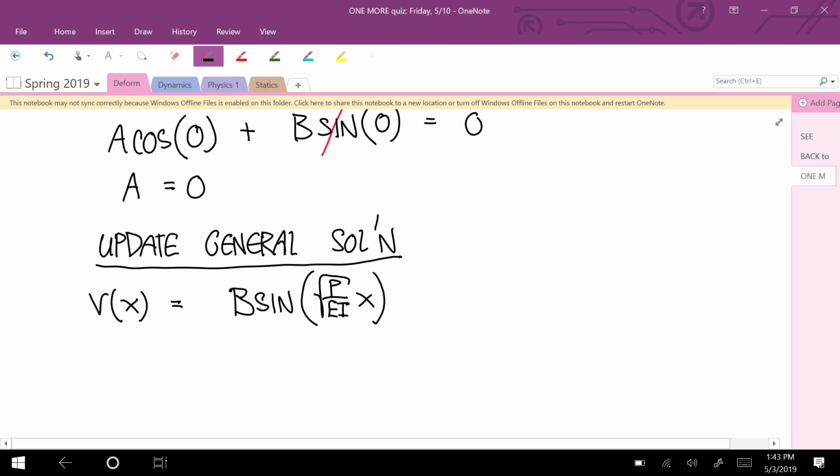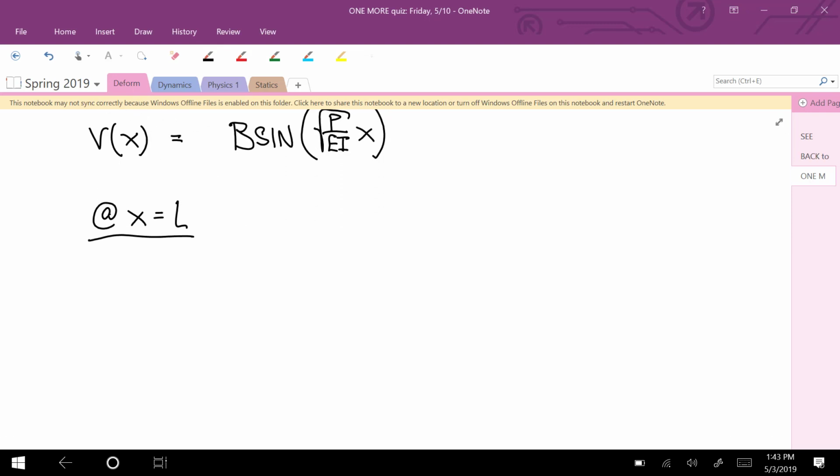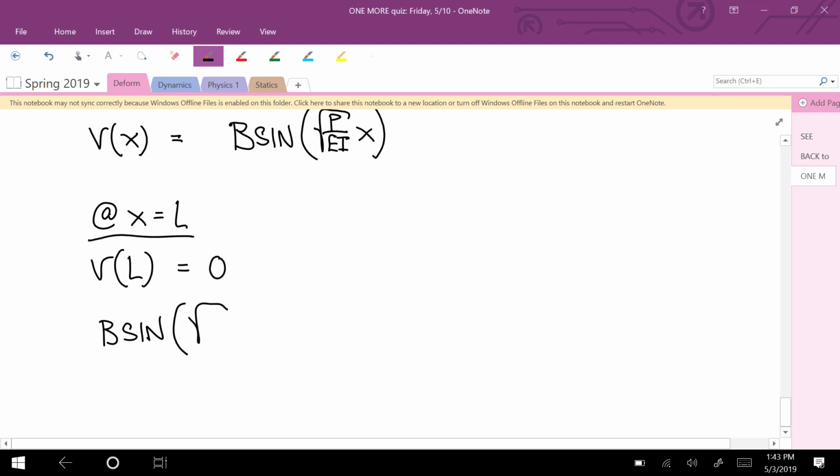So at x equals L, we're requiring that the deflection at L is equal to 0. And so that says that b times the sine of the square root of P over EI times L, we're doing it for x equals L, is equal to 0.